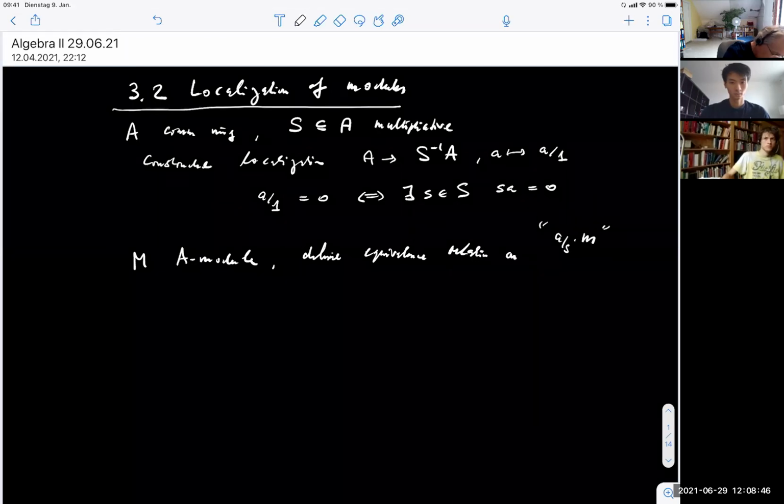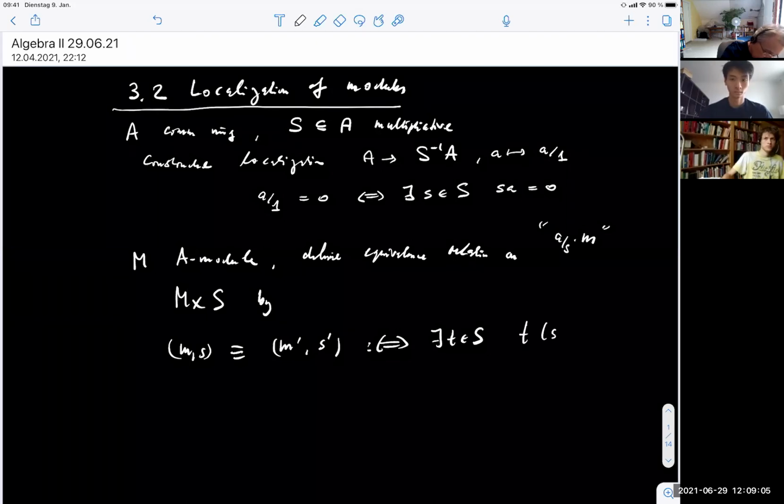I define it on the Cartesian product M times S by saying (m, s) is equivalent to (m', s') if and only if, and this is a definition, there is some t in S such that t(s m' - s' m) equals 0.